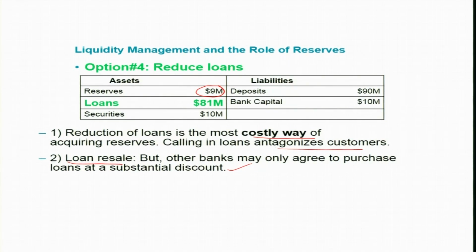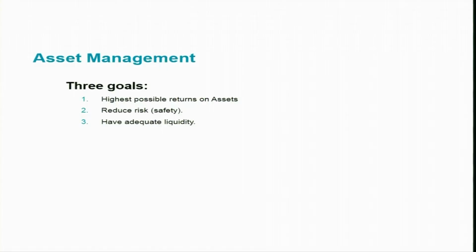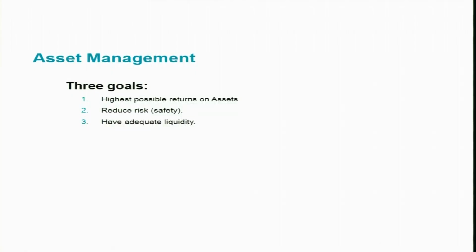So the topic that we have covered so far is liquidity management, and the next part of bank management principles is asset management. We will be discussing here the different principles or aspects involved in asset management. Mainly, when a bank is acquiring assets, it will keep three goals in mind. One is that it would like to earn the highest possible return on assets.